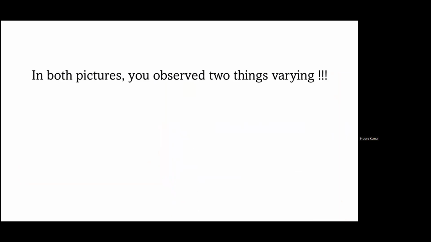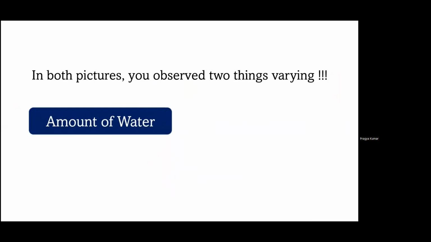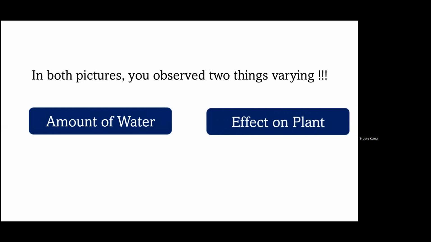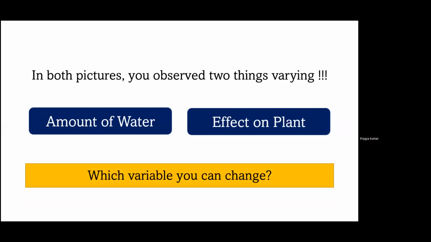So drop will be your independent variable. Yes, because that is having an impact on the size of the plant. So amount of water and effect on plant. So in this case, which variable can you change? Amount of water or the effect on plant? Yes. Amount of water.